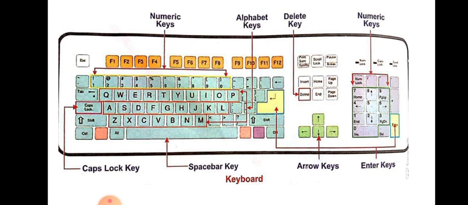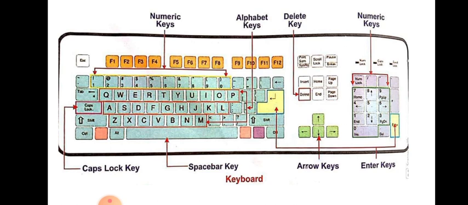Next, you can see the space bar, which is the longest key on the keyboard, and it is used to give space between the text. Caps lock key. On the left-hand side, you can see the caps lock key, which is used to type letters in capitals.